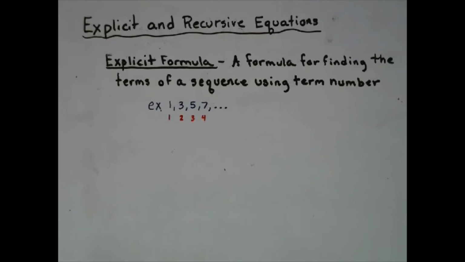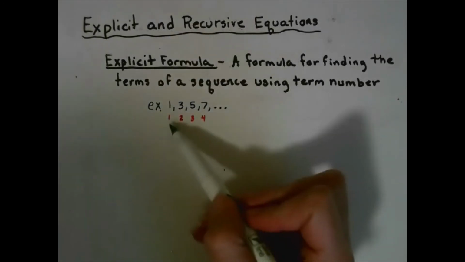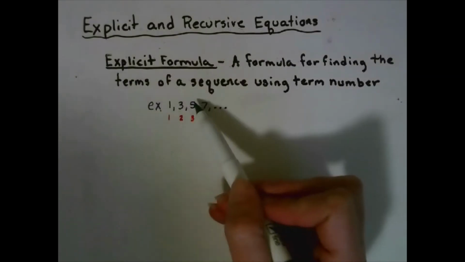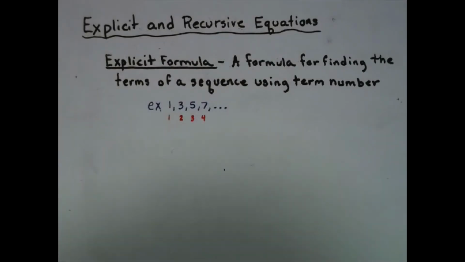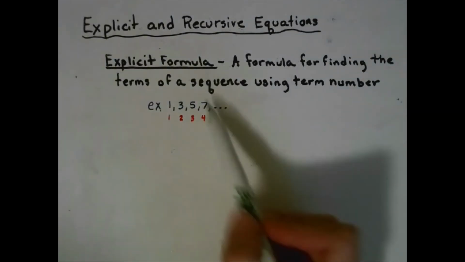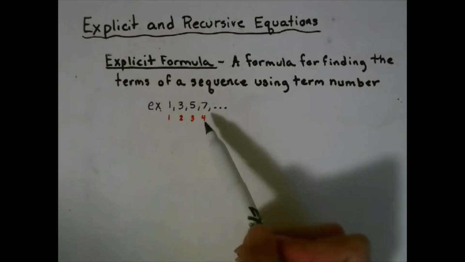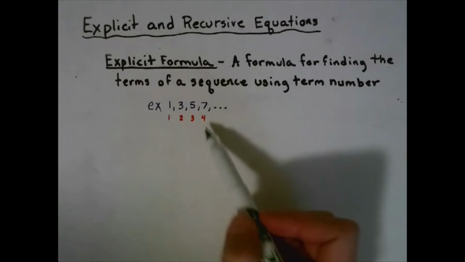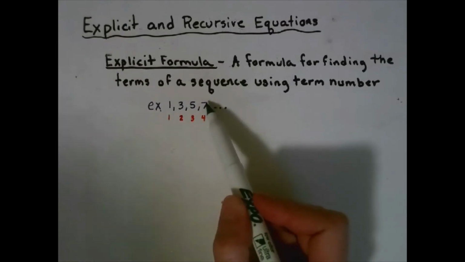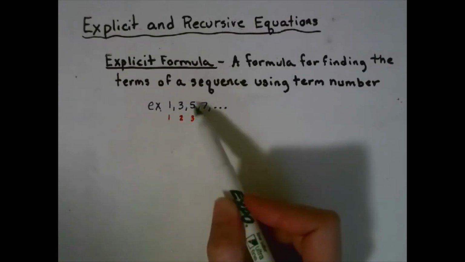And we've already established we're going up by 2. But now what we're looking for is how do I plug in a 1 and get a 1, plug in 2 to get 3, plug in 3 to get 5, plug in 4 to get 7, and so on. Well, I look at these numbers, and they're going up by 2, so there's something there. If I double 4, I get 8. If I double 3, I get 6.